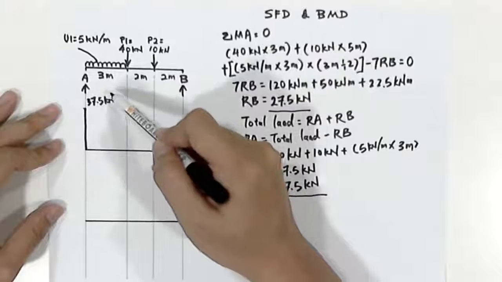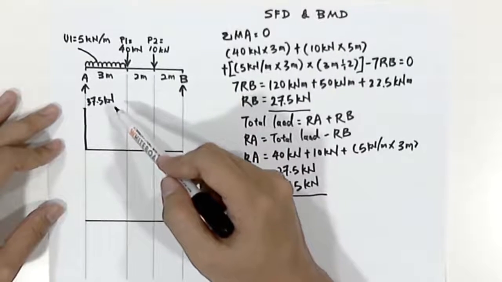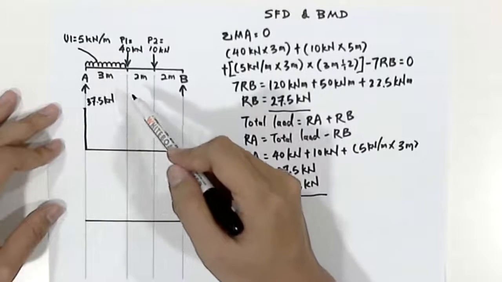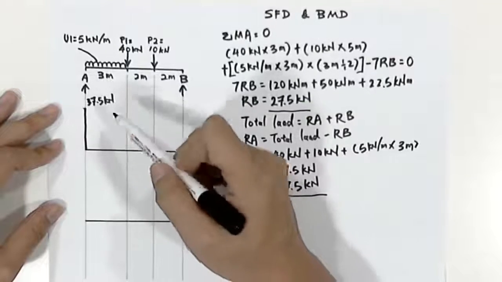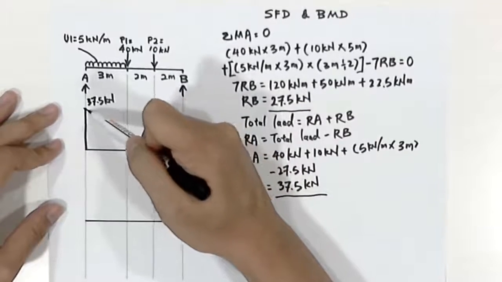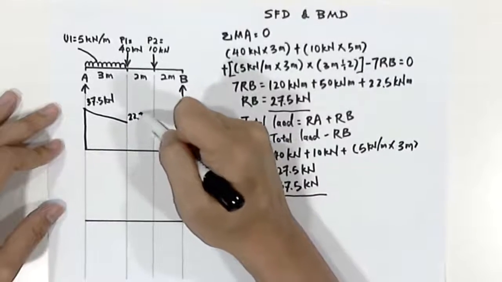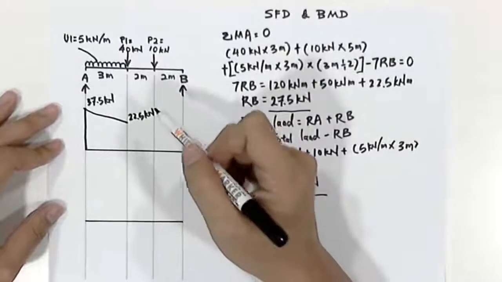Therefore the value 37.5 kilonewton will be deducted with the number 15 kilonewton, and the value we'll get will be 22.5 kilonewton.